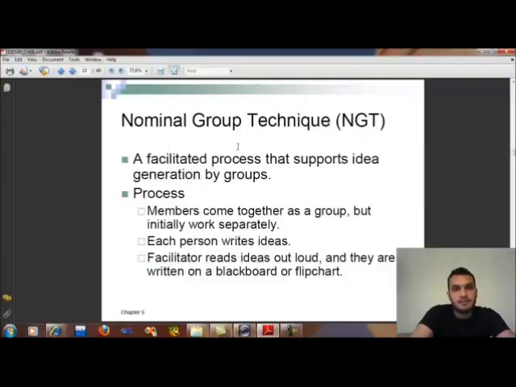And the next is nominal group technique, a facilitated process that supports idea generation by groups, and the process is that members come together as a group but initially work separately. Each person writes ideas, and the facilitator reads the ideas out loud, and they are written on a blackboard or flip chart.